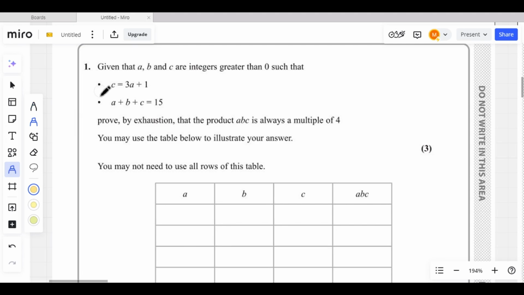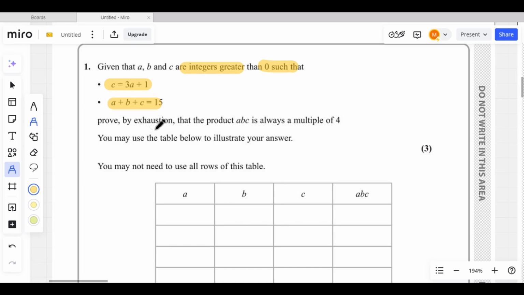Given that a, b, and c are integers greater than 0 such that the equation for c is given there and the equation for a, b, and c is also given there. Okay. So in proof by exhaustion, what you need to do is show each of the steps clearly.